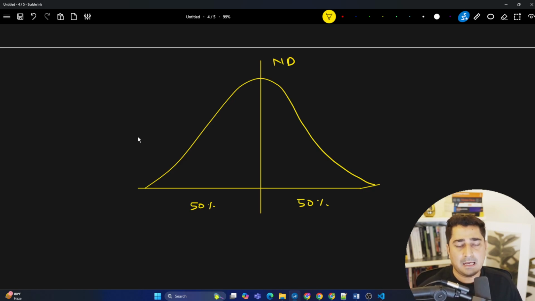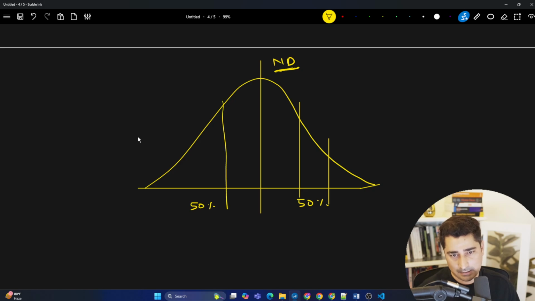If a data set is showcasing a normal distribution in nature, inside this graph itself you will be able to find three portions on this side and on this side, right?